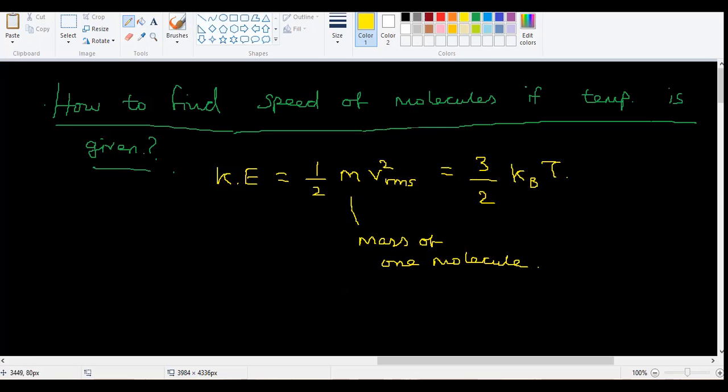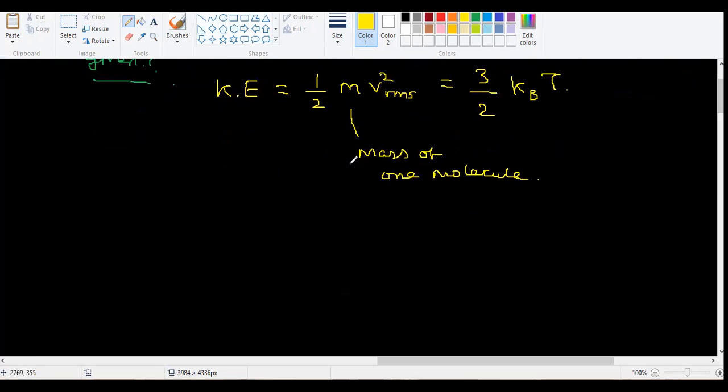So let's take the example of nitrogen molecules in atmosphere. So you know that air is consisting of 21% oxygen and 79% nitrogen by volume.